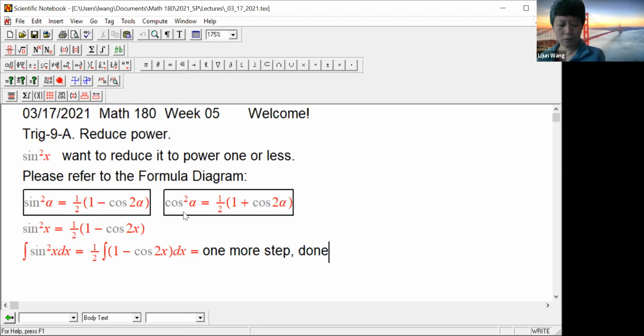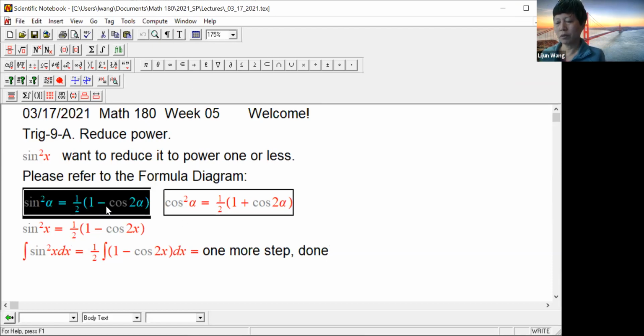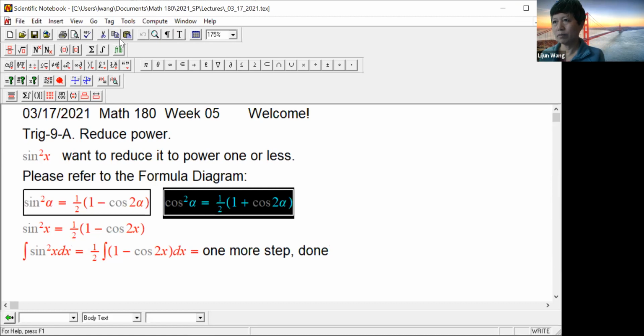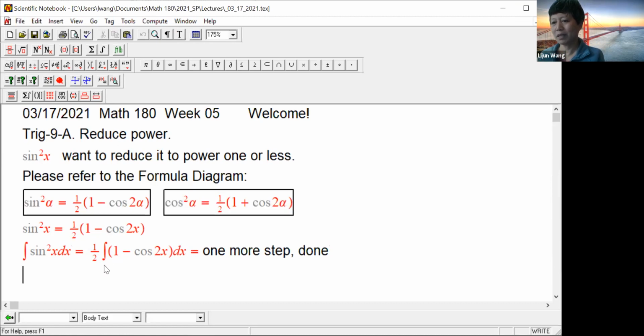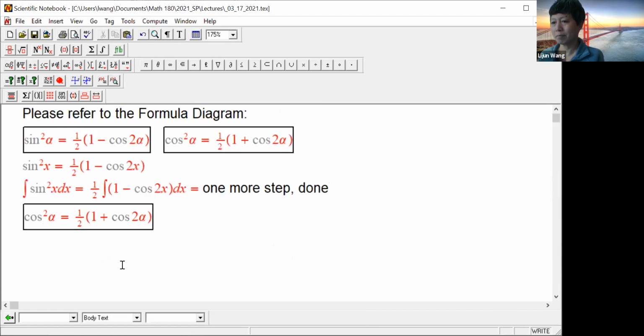And for cosine, of course, that's number 2, right? So you can use this formula. And the next one. But this is not the end of it. The question could get a little bit more complicated.